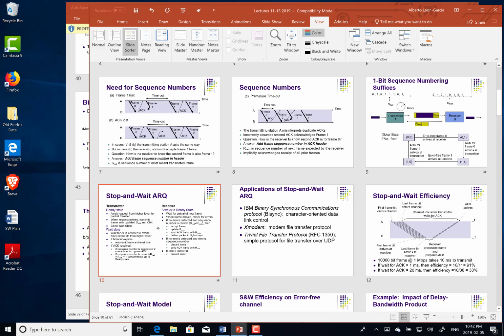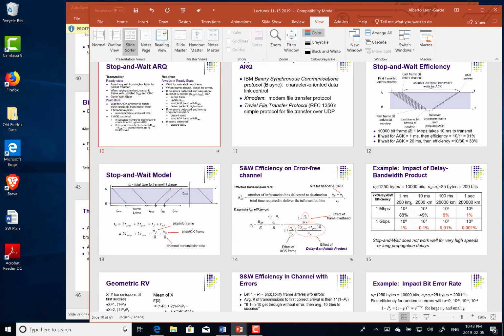This is a very simple type of protocol, and we did an analysis of how efficient that was. During this period you're transmitting bits, but if the time that you have to wait before you hear back, here's the ACK coming back, is long relative to this, then we found stop and wait is quite inefficient.